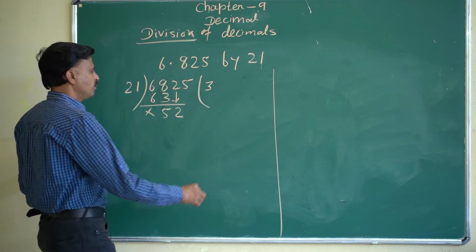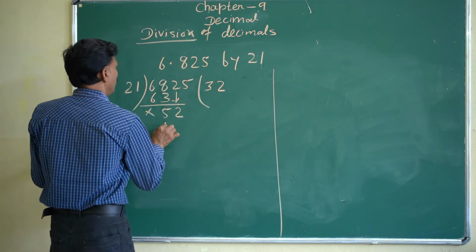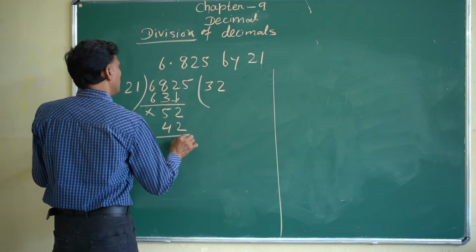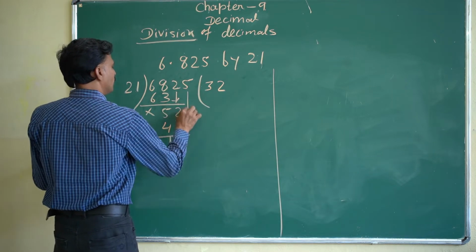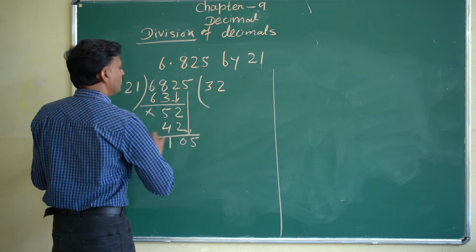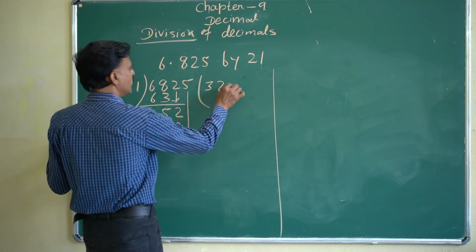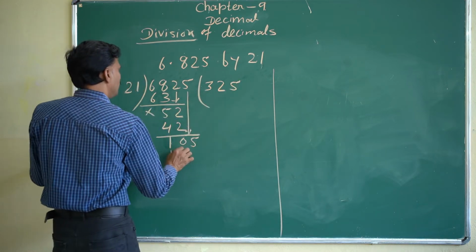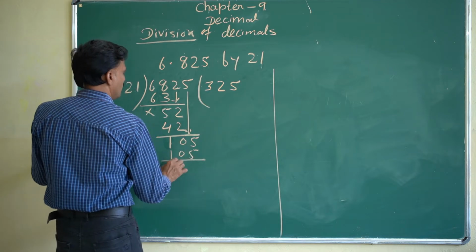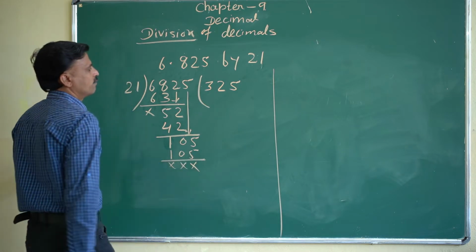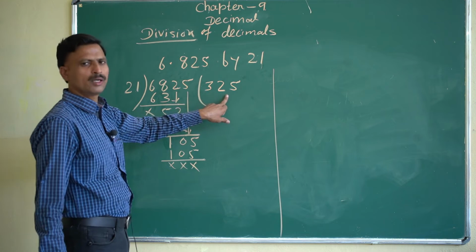How many times will it divide? 3 times. 3 times 21 is 63. So 5 is left, and 2 comes down. Now how many times will it divide? 2 times. 42, so the remainder is 10. Then take 5 here. Now it divides simply 5 times, so 105. So the answer is coming 325.